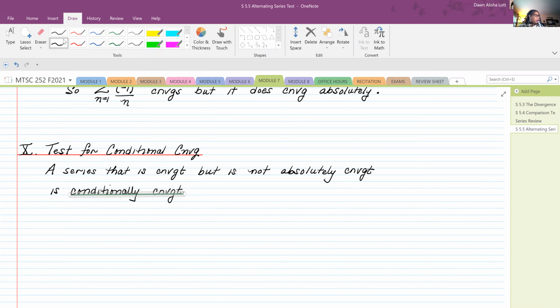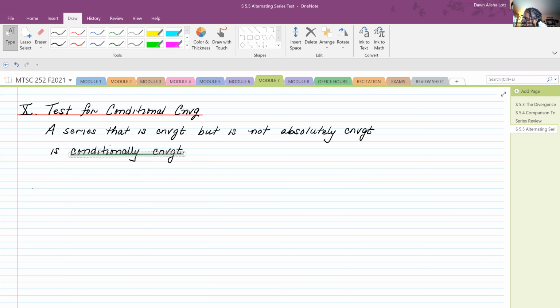All right. So here's two series. One, summation n equals 1 to infinity of -1 to the n over n cubed plus 5.